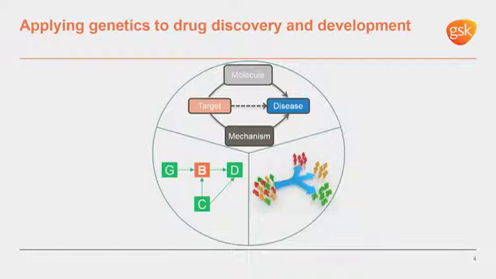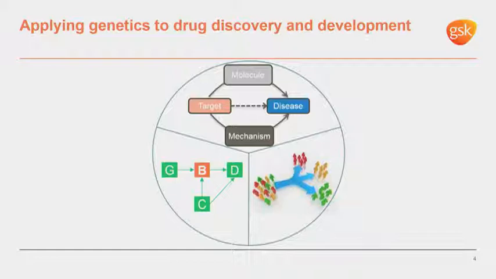We can also use genetic information using techniques such as Mendelian randomization, which John Danesh is going to touch on in the next talk, to be able to understand the causal relationship that these intermediate omic biomarkers have with the diseases that we're interested in, that both can help us in identifying the most appropriate mechanism or the most appropriate target for a particular disease, as well as identifying biomarkers that can be used both in patient selection as well as in tracking the efficacy of treatment in very early experimental medicine studies.